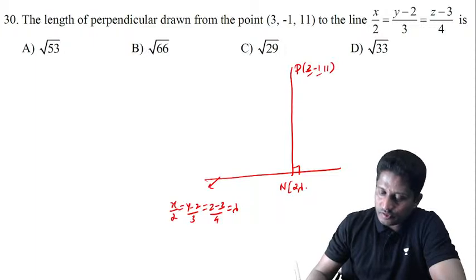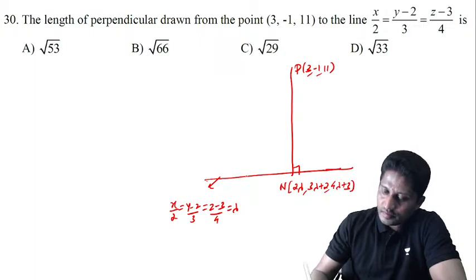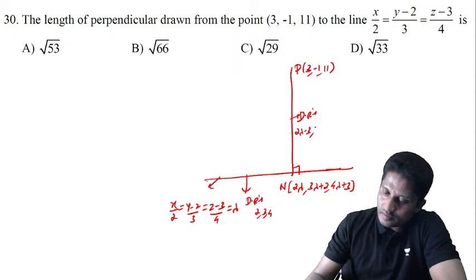General point on this line is 2 lambda, 3 lambda plus 2, and 4 lambda plus 3. So drs of this will be 2, 3, 4. And drs of the line joining 2 points will be 2 lambda minus 3, 3 lambda plus 3, and 4 lambda minus 8.